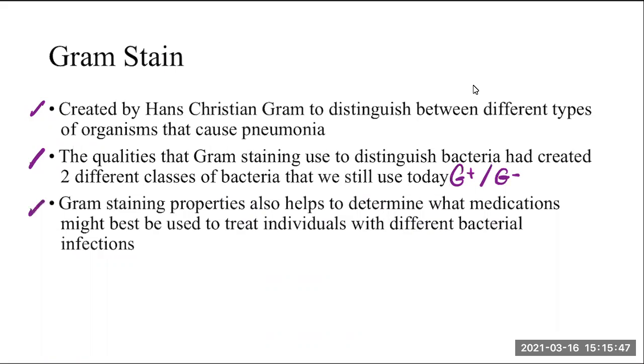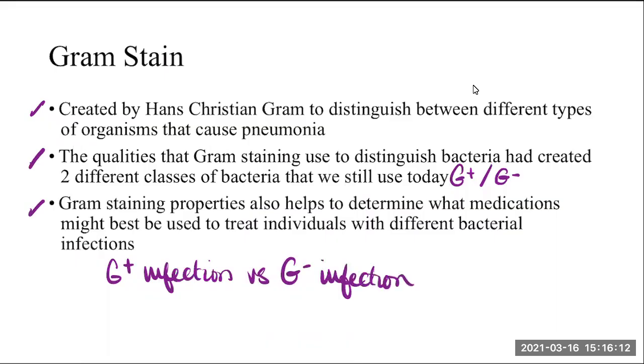Gram staining properties also help to determine what medications might be used to treat individuals with different bacterial infections. So, it's really important to know whether an individual has a Gram positive infection versus a Gram negative infection, because the actual drugs that you would use on a Gram positive infection might not be the same that you would use on a Gram negative infection.